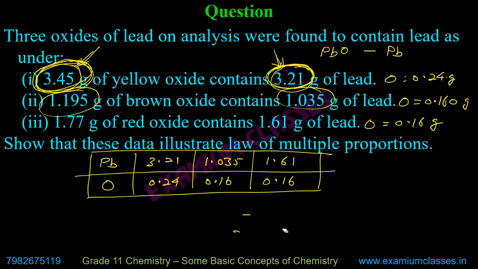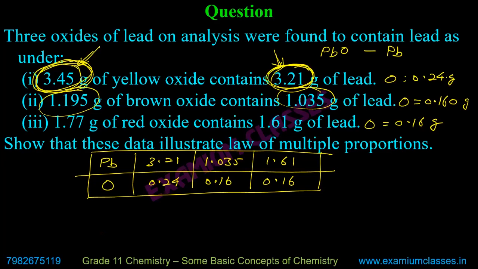Remember to calculate the ratio of oxygen in all, we have to get oxygen first. So first task here was to get how much oxygen is there in each oxide. To get the oxygen, we have subtracted the mass of lead from whole compound. Now you need to calculate for 1 gram of lead how much oxygen will be there, or for 1 gram of oxygen how much lead will be there.